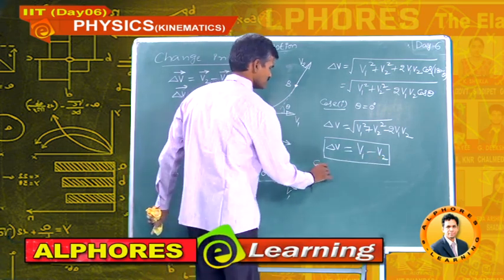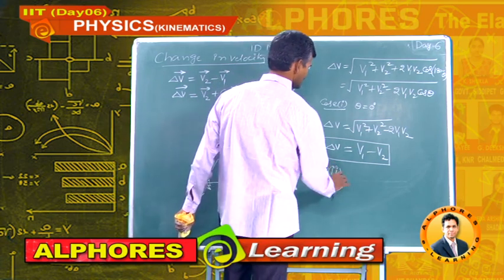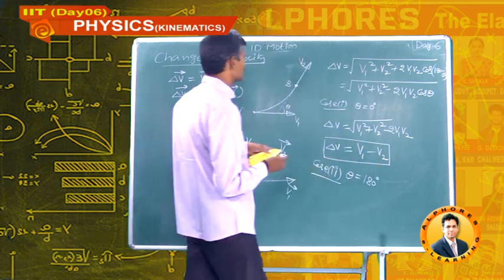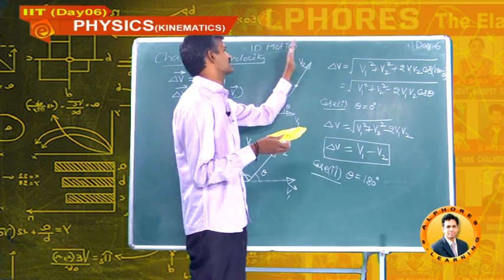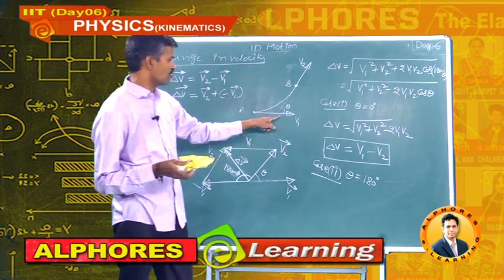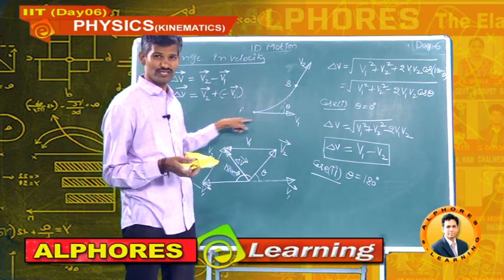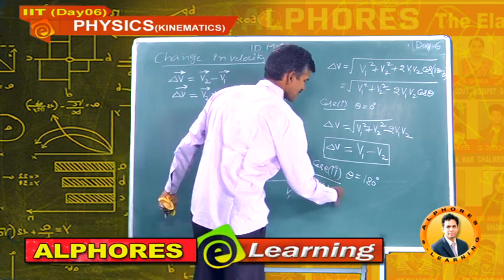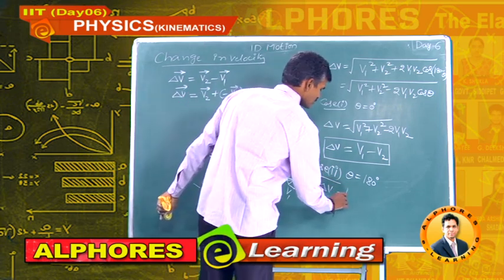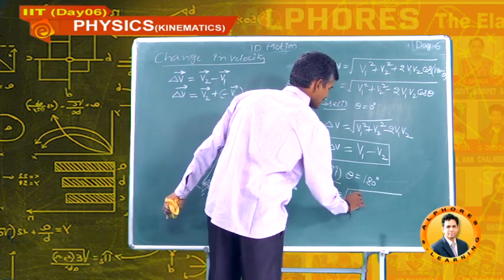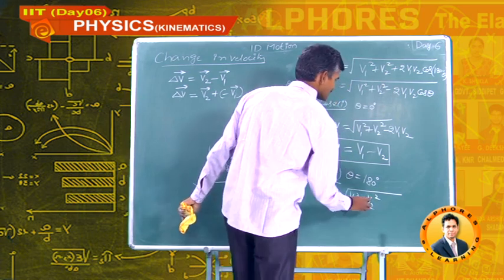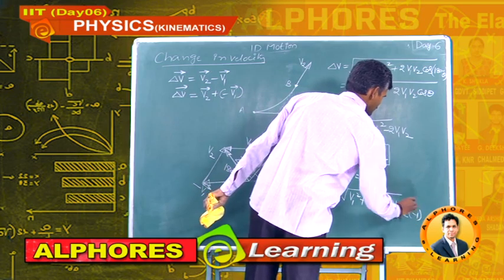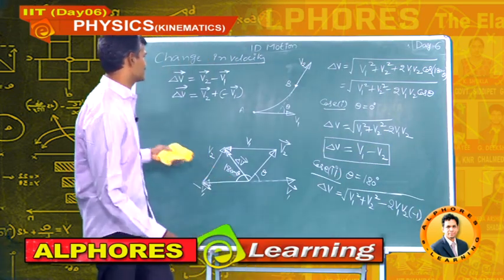Next, case 2. In this case, if theta is equal to 180 degrees, then what will happen? This vector will come to this direction, that is opposite to this. That is also straight line motion. So for that case, I am using the change in velocity as root of V1 square plus V2 square minus 2V1 V2 into minus 1, since cos 180 is minus 1.